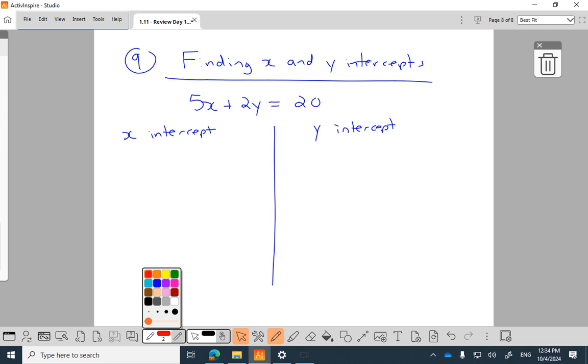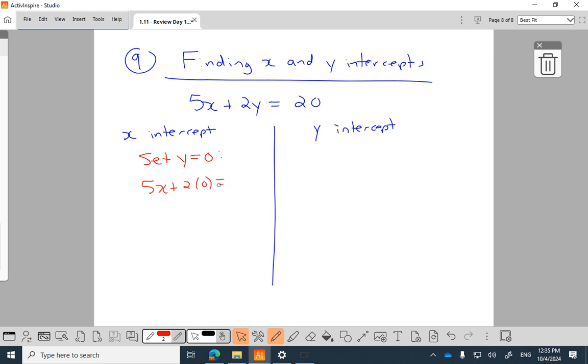Ava. Yes! She remembers. For x-intercept, set y equals 0. Easiest thing ever, and I'll show you why. When I set y equals 0, watch what happens.